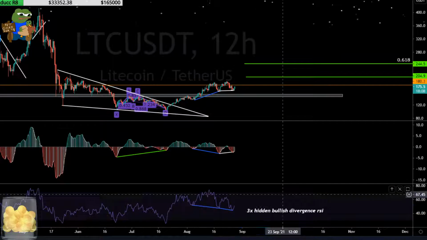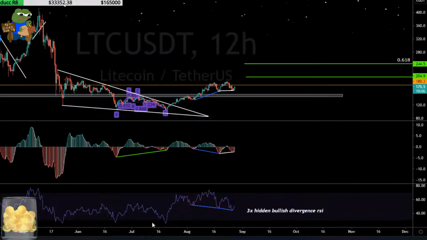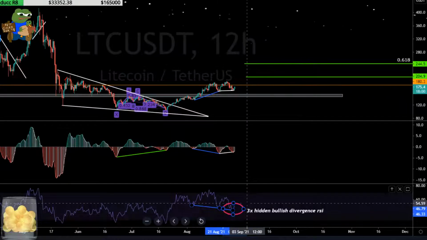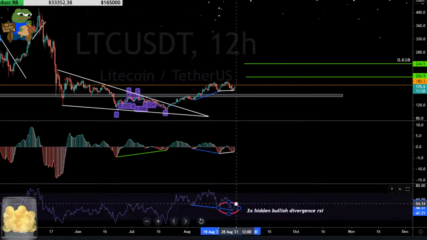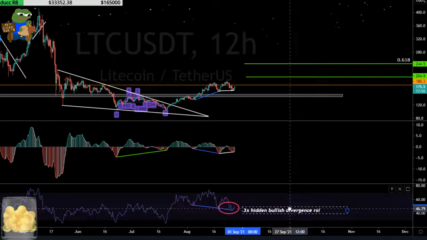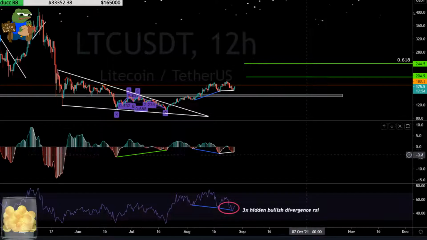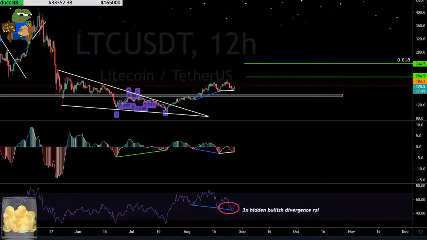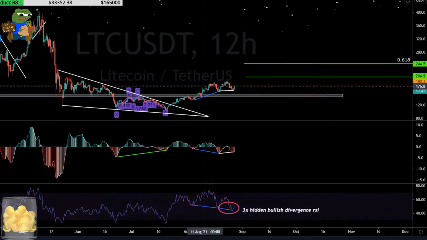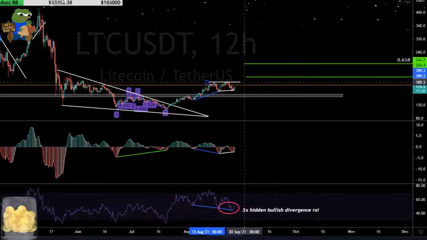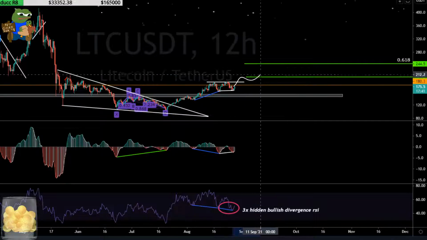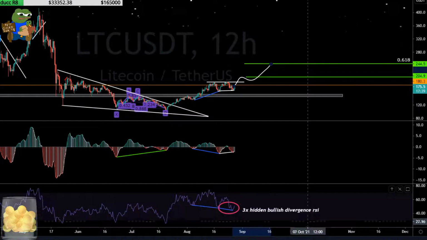Here we go. That's where it went down. That's where it happened. That's where we're looking back. Hidden bullish divergence 3 times on the RSI. Convergence on the MACD, approaching this critical overhead resistance area. Okay. So once we get through this, we're off and running.